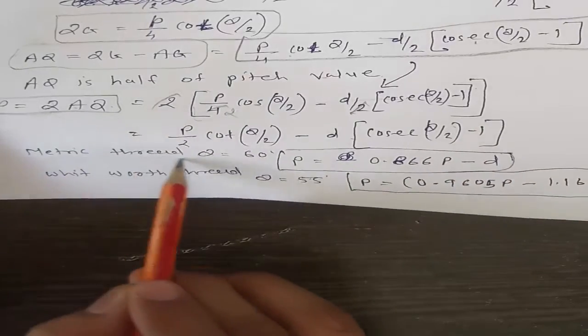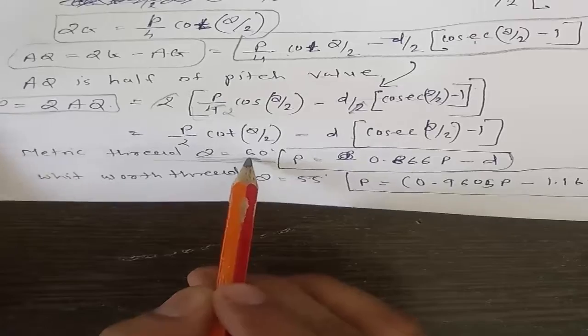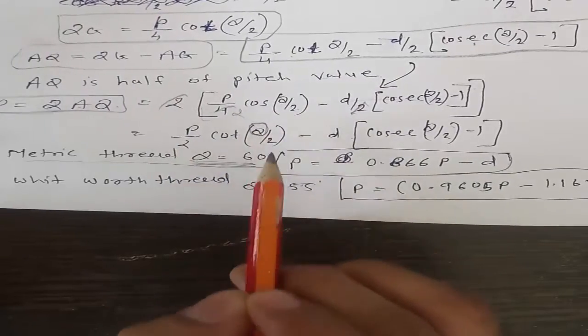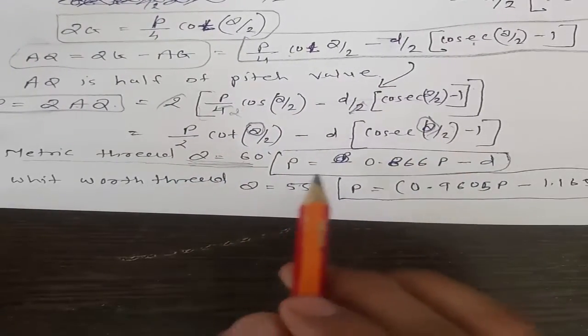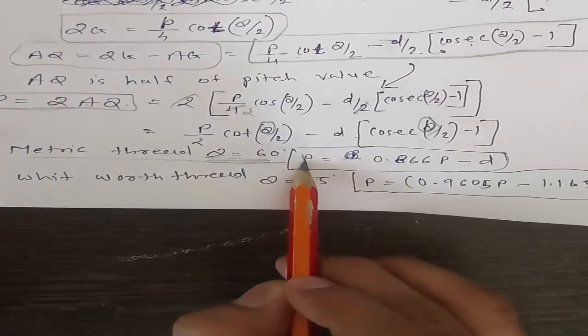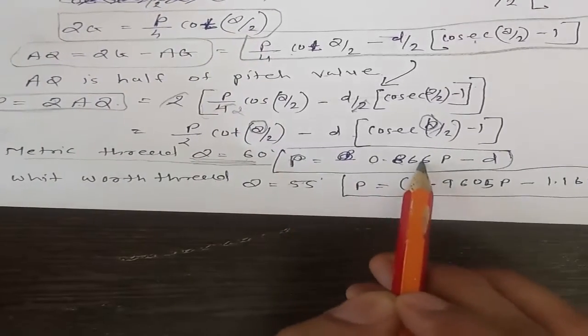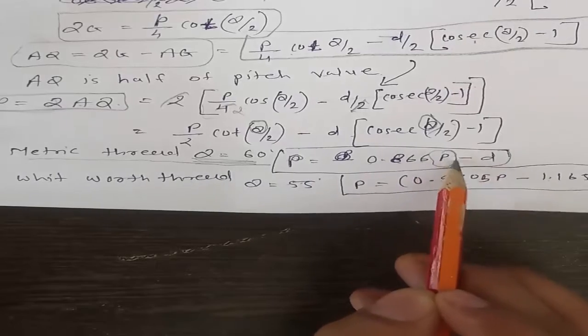Now for a metric thread, theta is equal to 60. Put the value 60 here, and you will find P is equal to 0.866 P minus D, where P is the pitch of the thread.